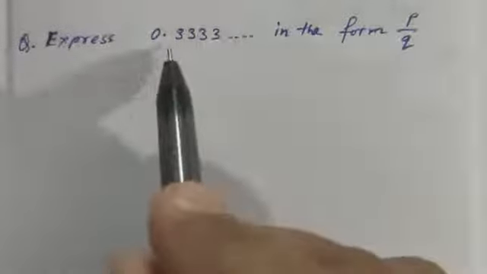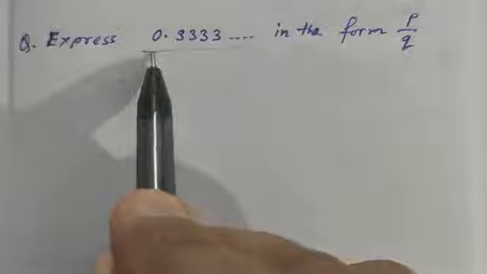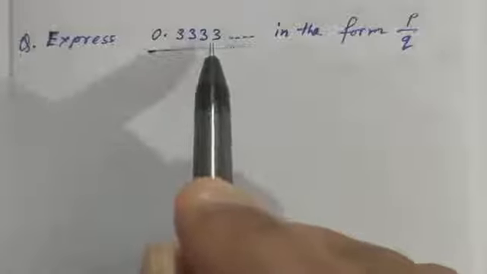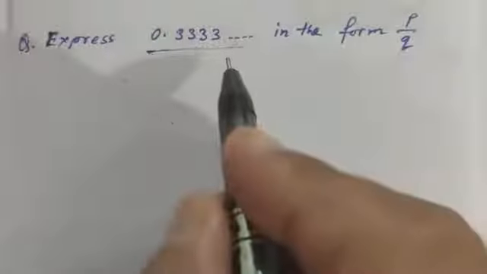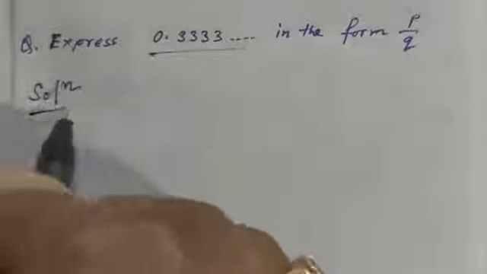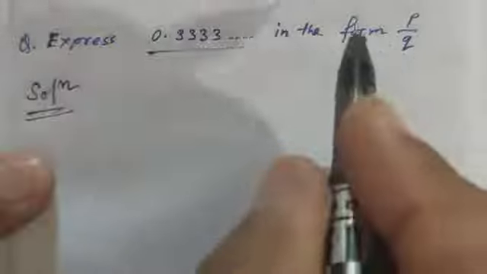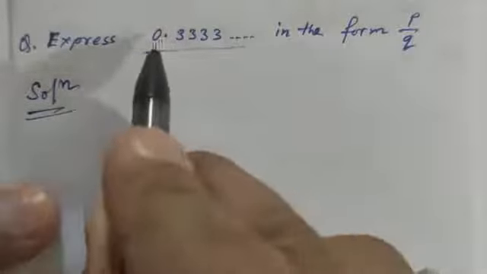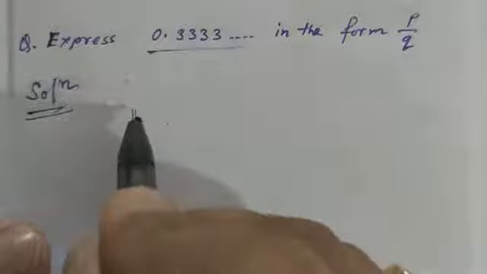So let us write its p by q form. That means its fraction form, a rational number form. In this session we will learn how to express this kind of decimal expansion in the form p by q. We will consider the given decimal expansion as x.